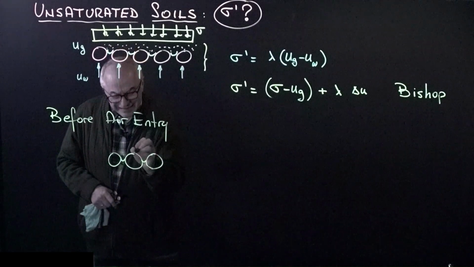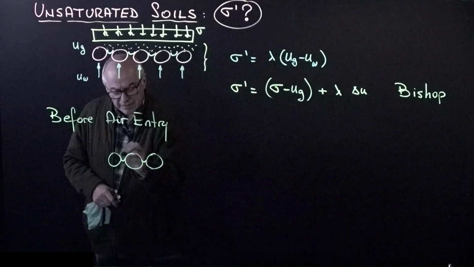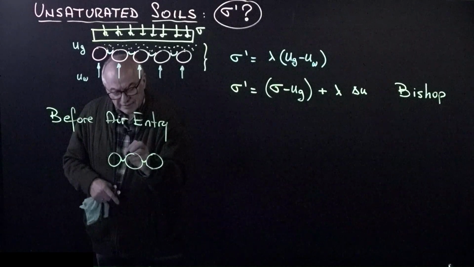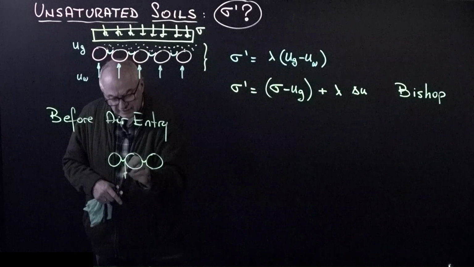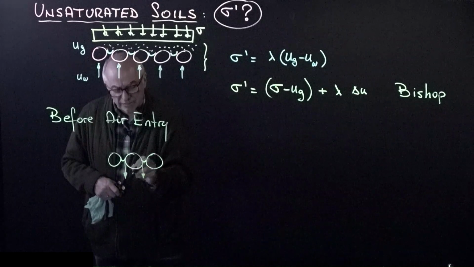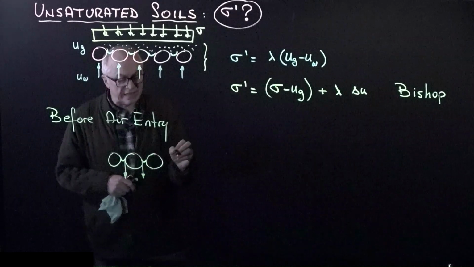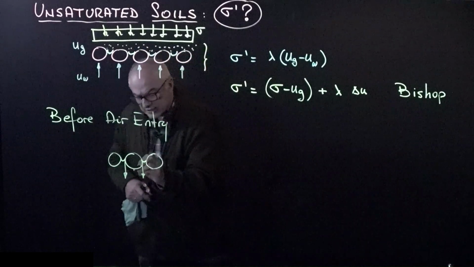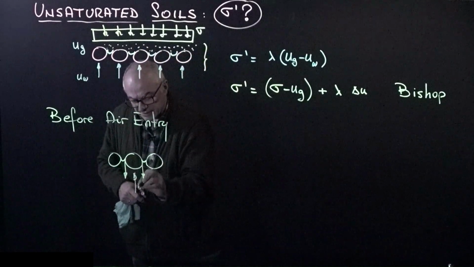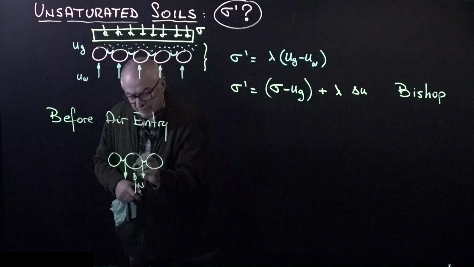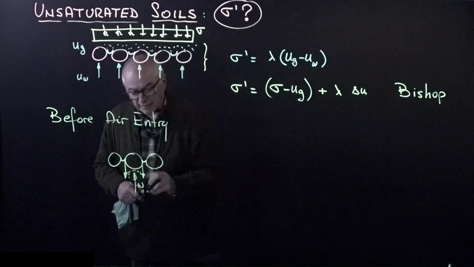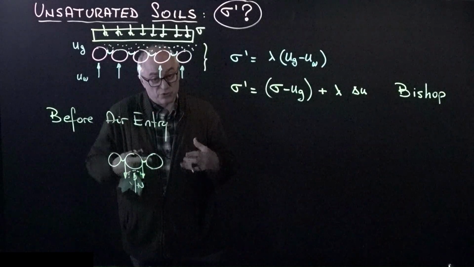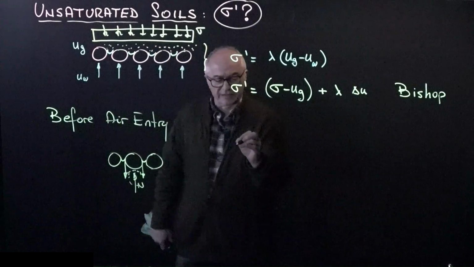Therefore, if I analyze that particle in particular, and assuming that there is no contact angle, this is the surface tension pulling down, plus in addition we have the suction. The force that I need to compensate is this normal force coming from the particle below, which is the skeletal force, which is going to give rise to the effective stress.